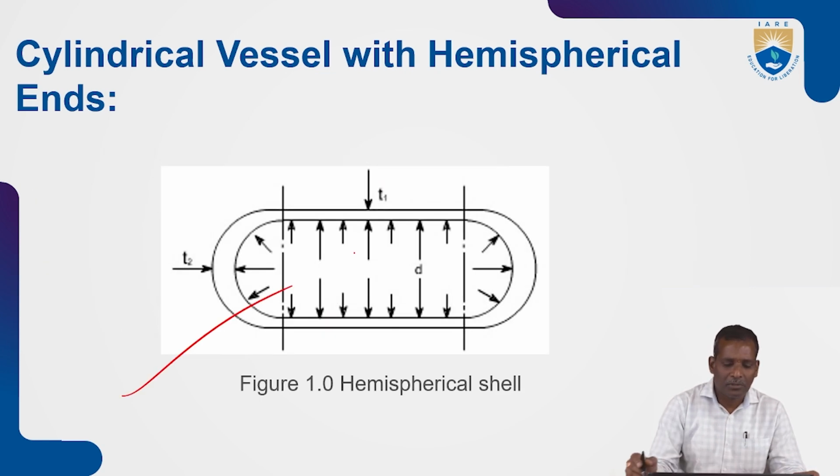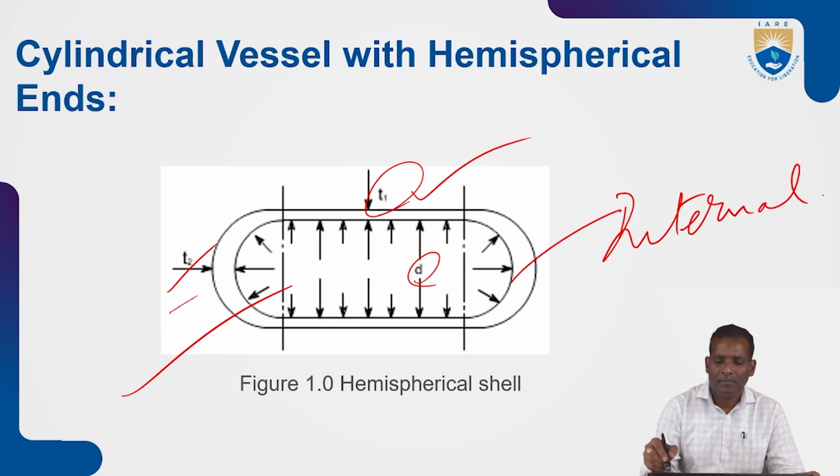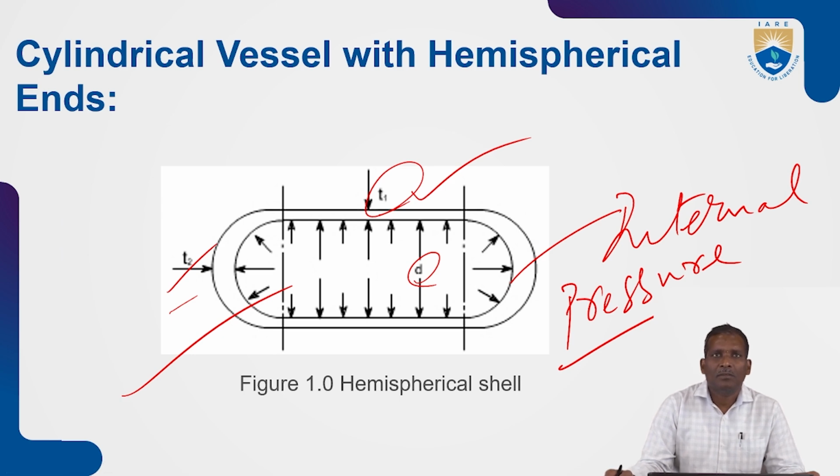In this diagram we see the hemispherical shell. The thickness of the cylindrical portion is t1 and the wall thickness of the hemispherical portion is t2, with internal diameter D and internal pressure P. Whenever the cylinder is subjected to fluid pressure inside, the pressure acts on the wall thickness at the two ends and on the side walls.